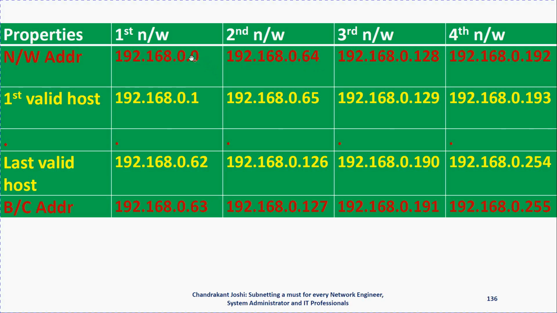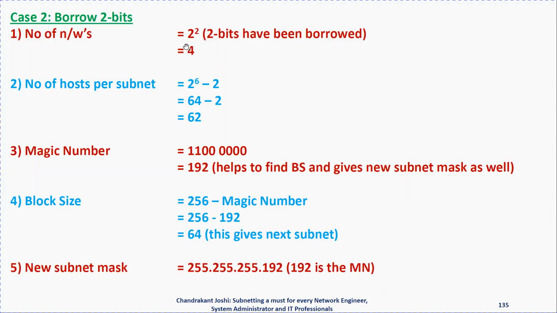So 0 plus 64 is 64, which gives the second subnet. Again 64 plus 64, the same block size we keep on adding, and we get the third subnet. Again 128 plus 64, which is 192. So we get the fourth subnet. That's it. See here it says totally there are 4 networks.